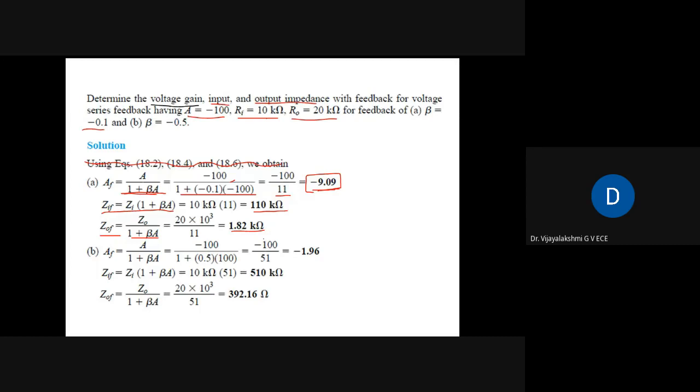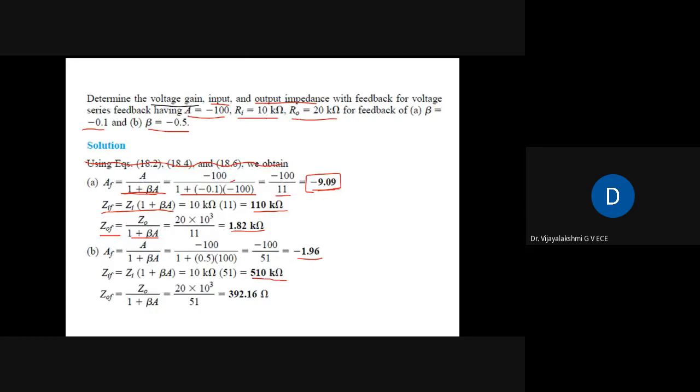Similarly, for the same data, we have calculated the gain, input impedance, and output impedance for beta equal to minus 0.5. You can see that earlier the gain was minus 100, now it is minus 1.96, and the input impedance was 10 kilo ohm, now it is 510 kilo ohm.